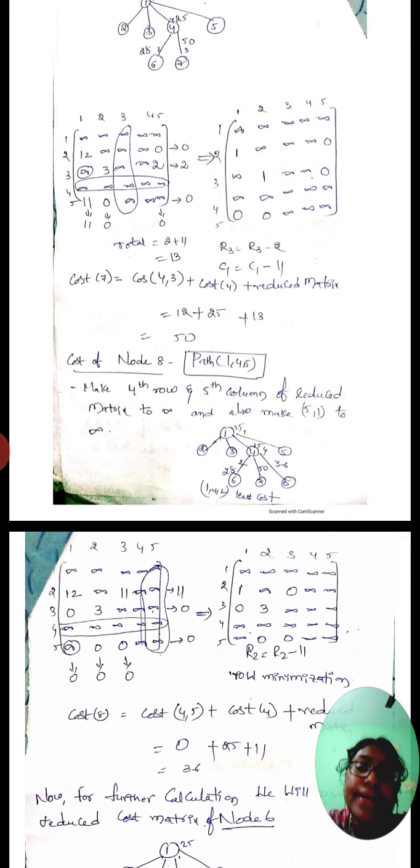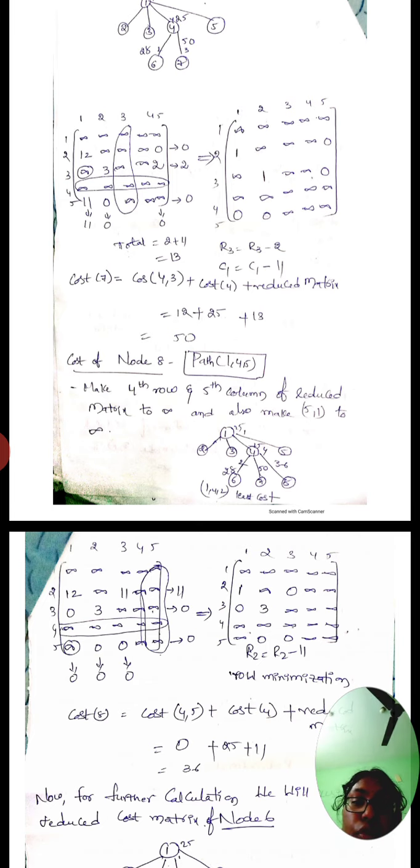Now we have to calculate the cost of node 8. The path is 1,4,5. Make the fourth row and fifth column of the reduced matrix infinity, and also make 5,1 infinity. Look at this diagram: node 1, cost 25 at node 4, and the other vertices give cost 6 equal to 28, cost 7 equal to 50, and cost 8 we have to calculate.